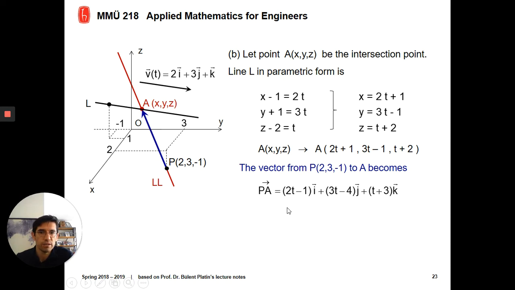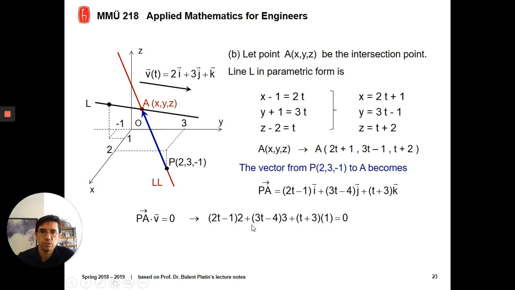And I know one identity for perpendicular lines: their dot products will be 0. And if I dot this PA with my original v vector here, I need to multiply the components piecewise.